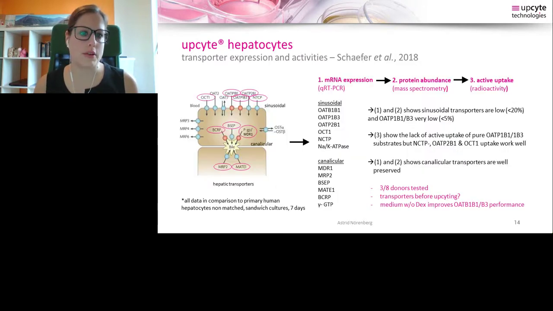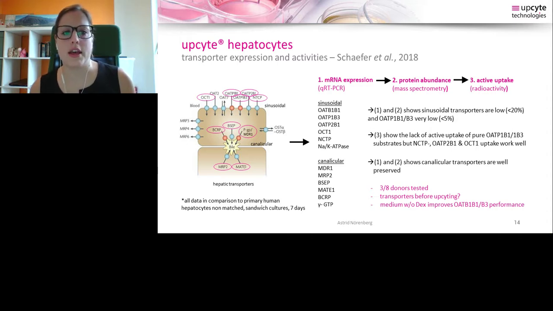If you look at the transporters, that's actually a published paper from Boehringer Ingelheim from 2018. They checked the sinusoidal transporters as well as the canalicular transporters, and the experiments were divided in 3 phases: mRNA expression, protein abundance, and then the active uptake of compounds.